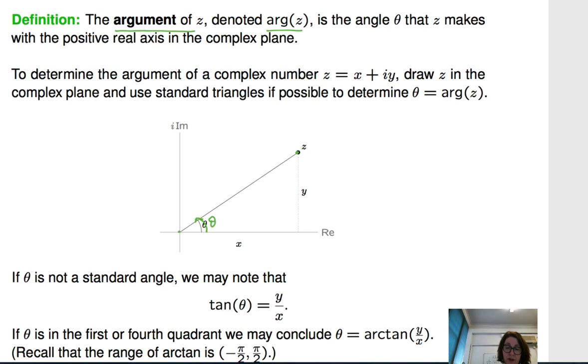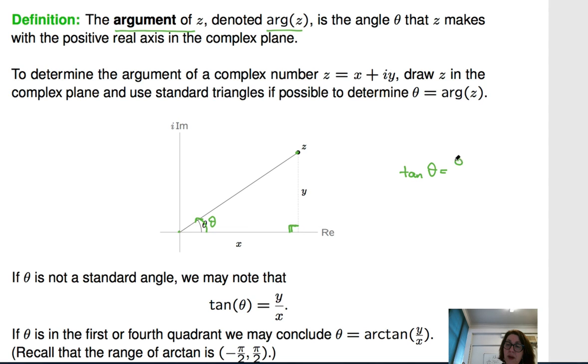So how are we going to determine what the angle theta is? Well, if you have a look at the picture, you'll notice that this is a right angle triangle in the complex plane, and that's representing a right angle. If you think about our angle theta here, we know that tan theta is equal to the opposite side over the adjacent side.